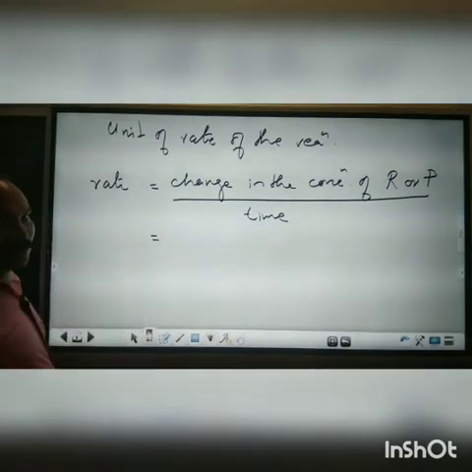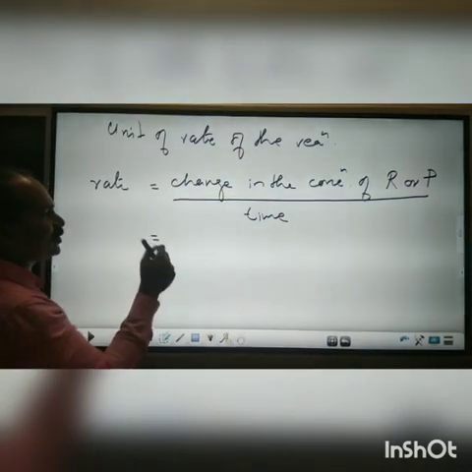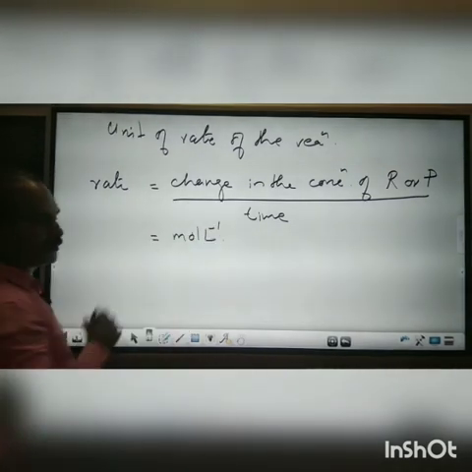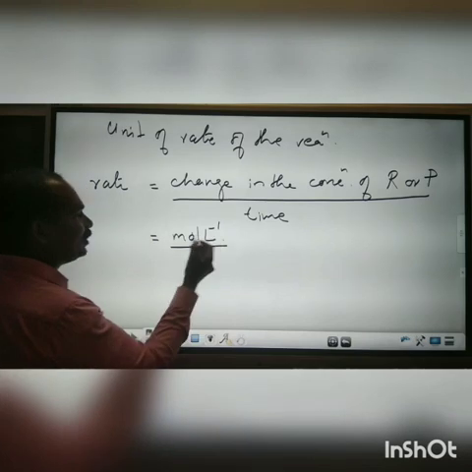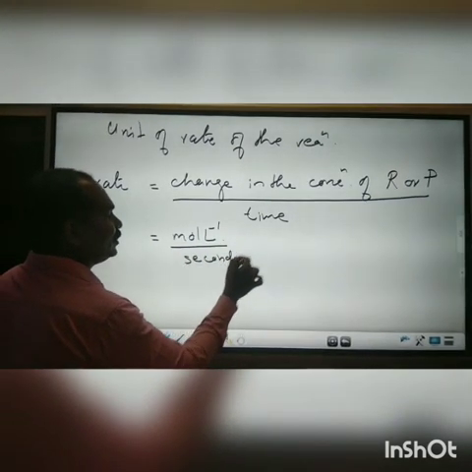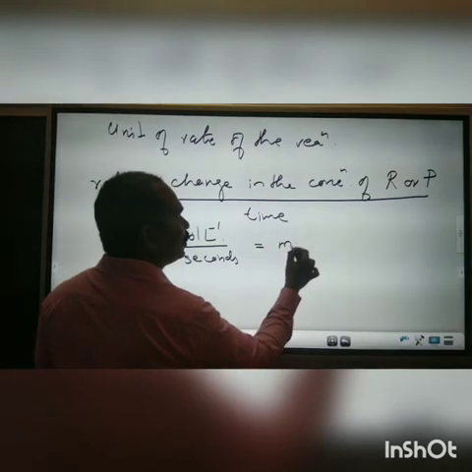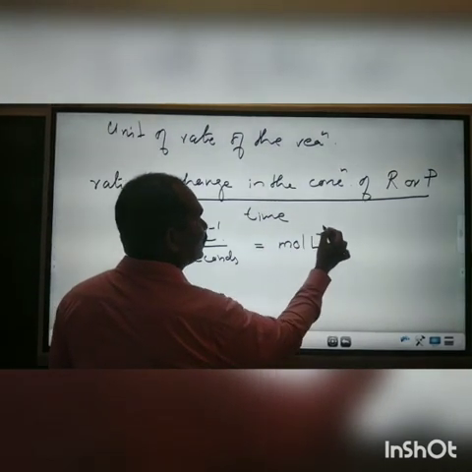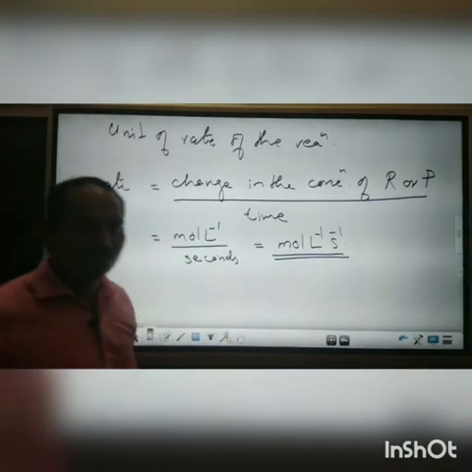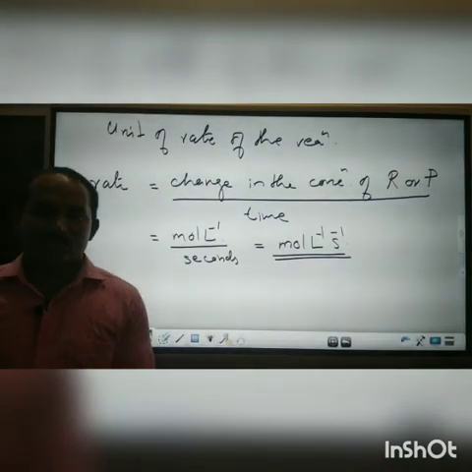So what is the unit? That concentration is expressed in moles per liter and time is expressed in seconds. So what is the unit? Moles, liter inverse, second inverse. This is the unit of rate of the reaction.